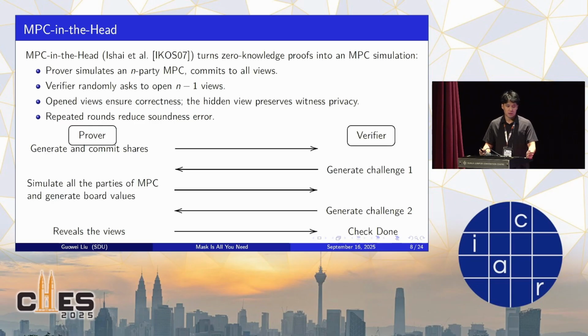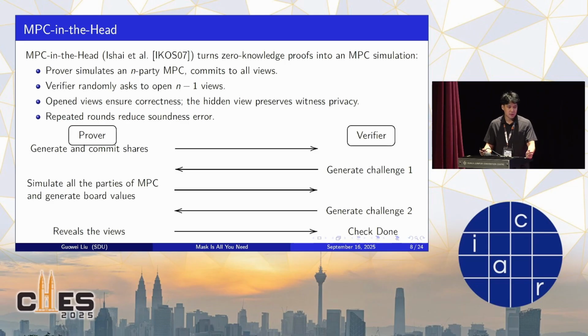MPC in the Head turns zero-knowledge proofs into an MPC simulation. The prover simulates an n-party MPC and commits to all views, and the verifier randomly asks to open n-1 views to ensure correctness, while the hidden view preserves witness privacy. Repeating the rounds reduces the soundness error. The picture at the bottom is the workflow of MPC in the Head.